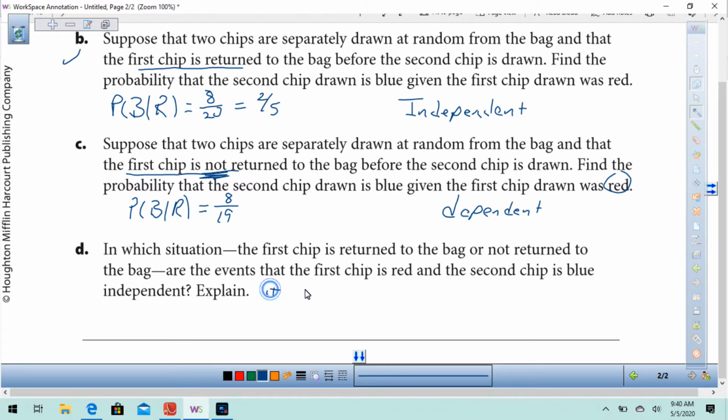It is independent when the events do not impact each other.